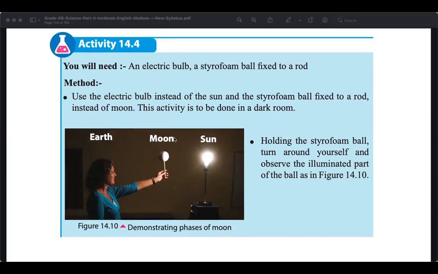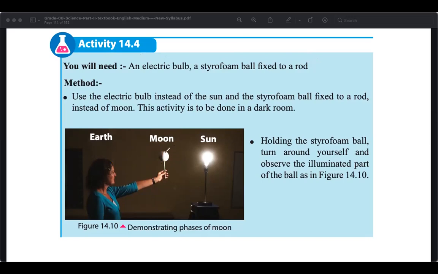When you place this straight towards the sun, even though the sun is bigger, the moon is closer to you now. Because of that, the shadow will fall and you will not see the moon properly because you will see the shadow side of the moon. So that is basically when the moon is totally disappearing.